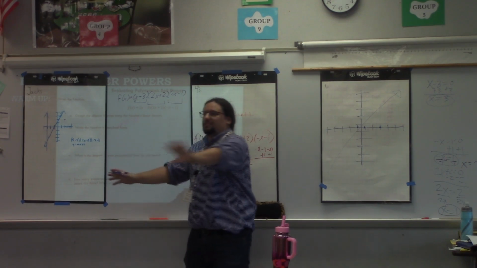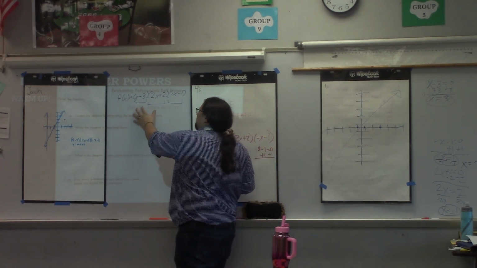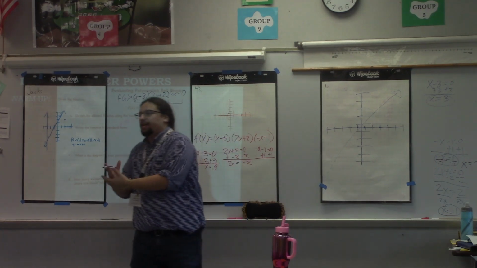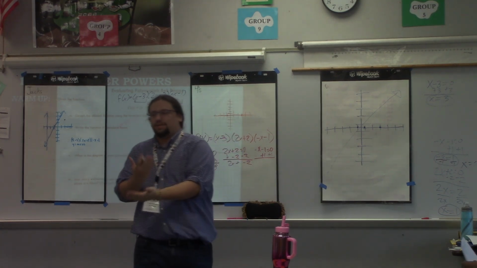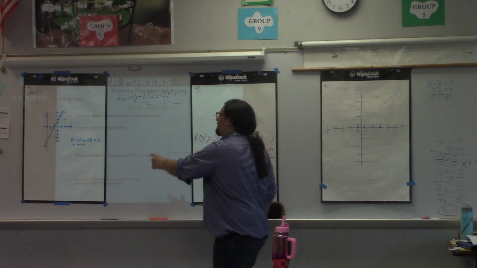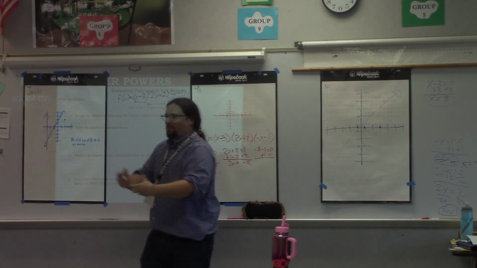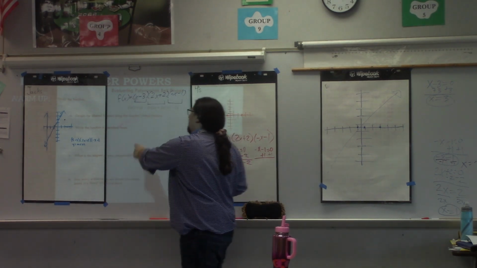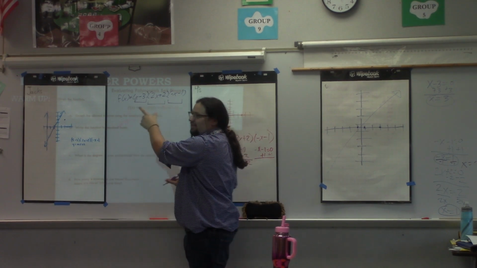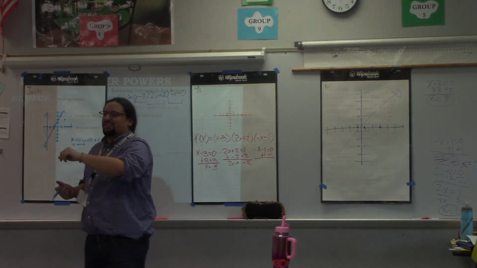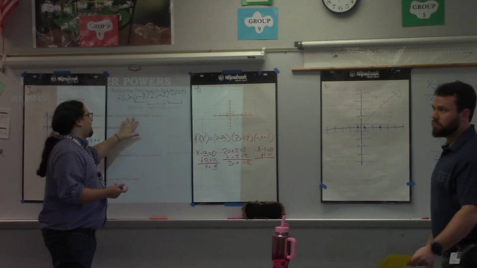Yeah, so guys, notice up here, this function is being defined as the product of 3 different factors. These factors are things that we multiply together to get a product. And are each of these linear? Yes, they're linear. So these are the linear factors.